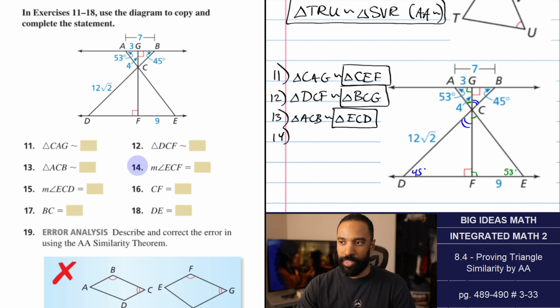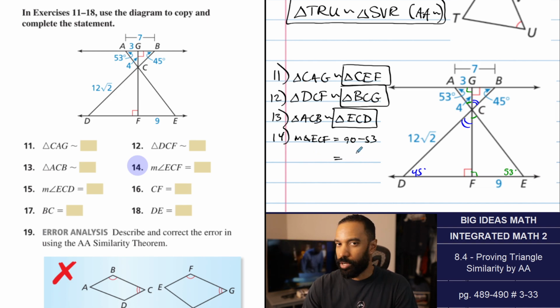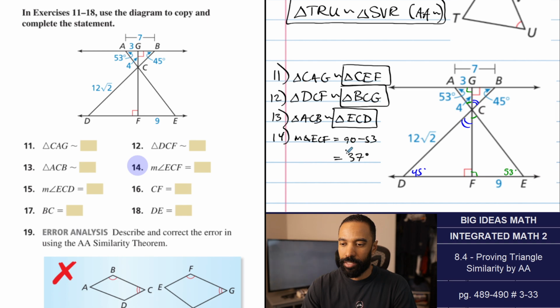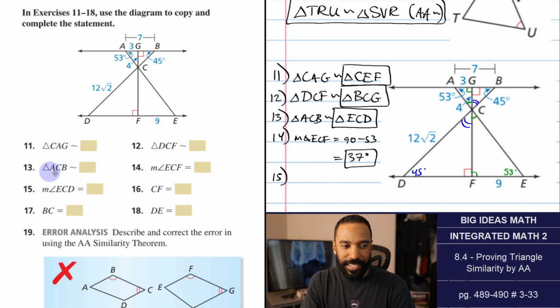That's what we're trying to figure out there, basically. Measure of angle ECF is 90 minus 53, which is 37 degrees. Number 15, measure of angle ECD.